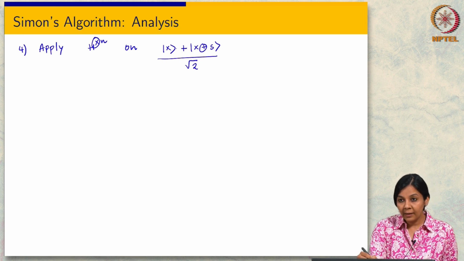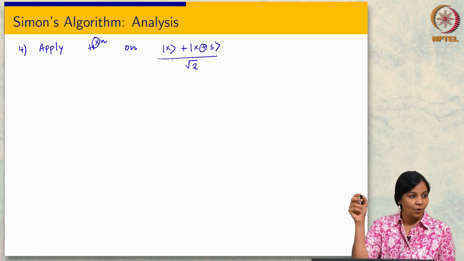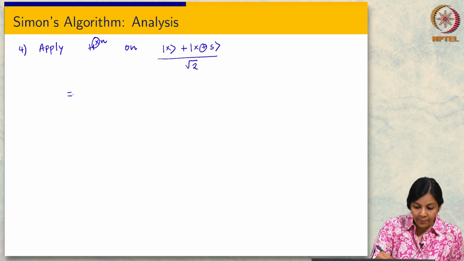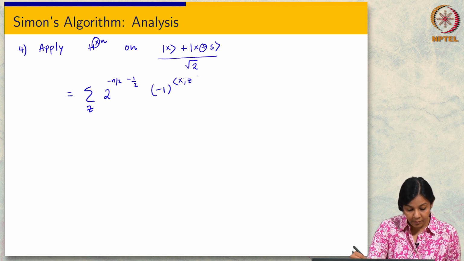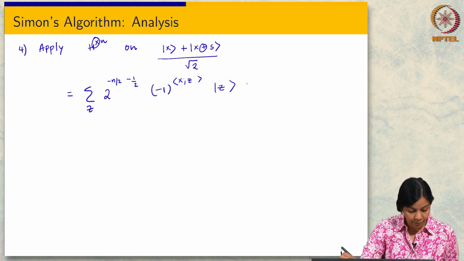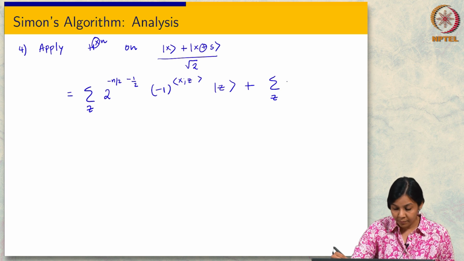For this first state x, H^n of x goes to a summation over z with (-1)^(x·z), and I get a summation over z. Does everyone agree with this?